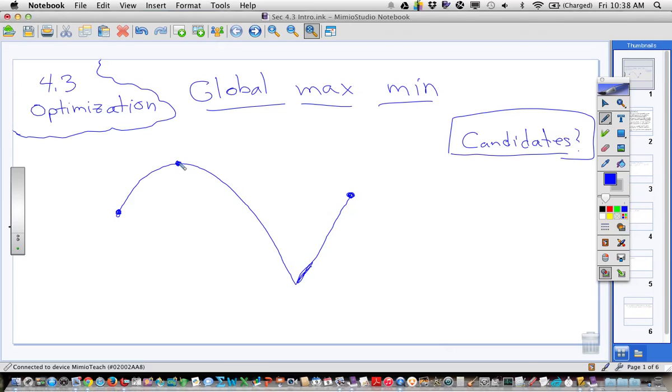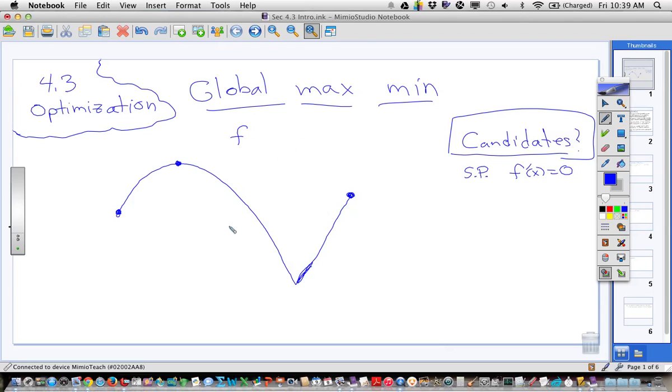What's happening right there? Stationary point, which means, what's a stationary point? F prime of x is 0. That's one place that I look, right?